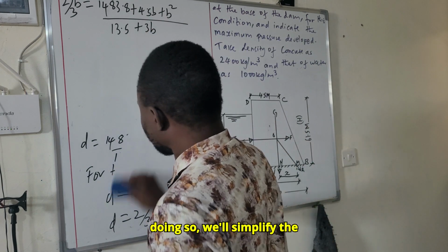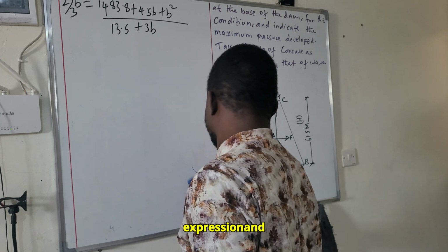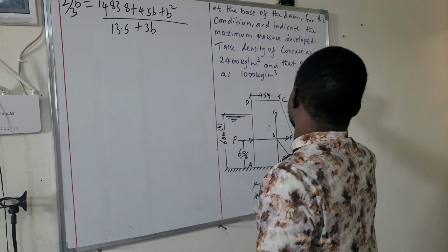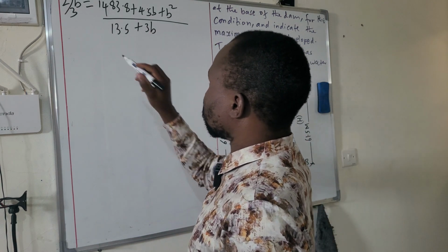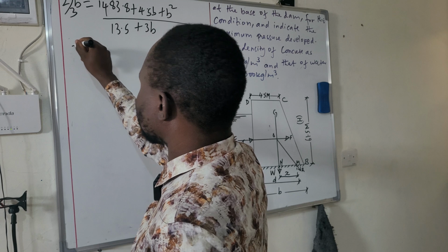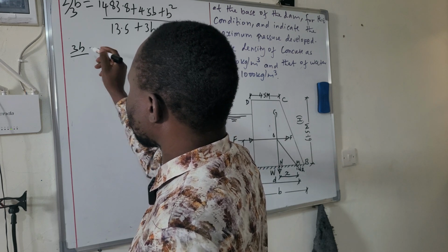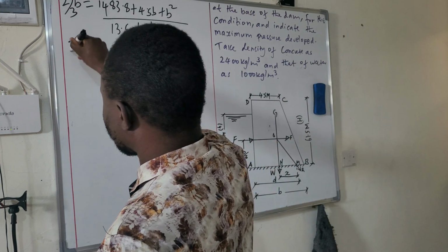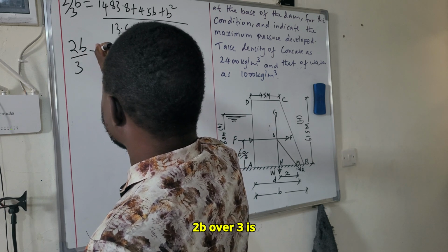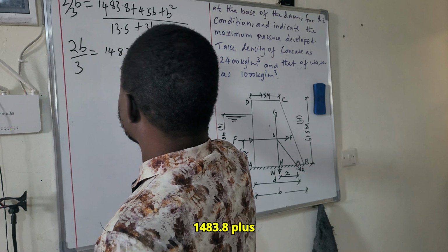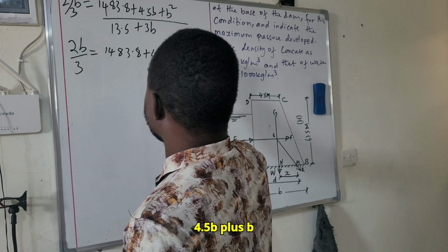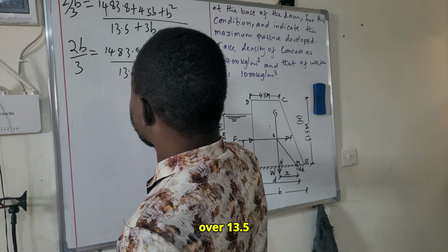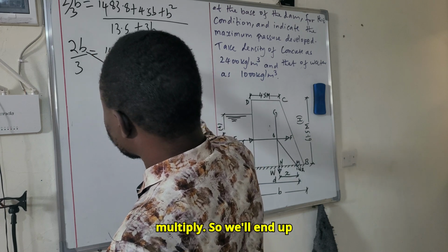After doing so, we will simplify the expression and form an equation which will give us the value of B. So we cross multiply.